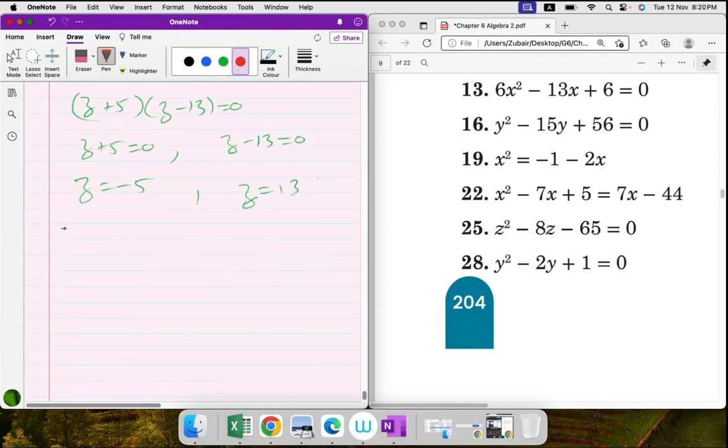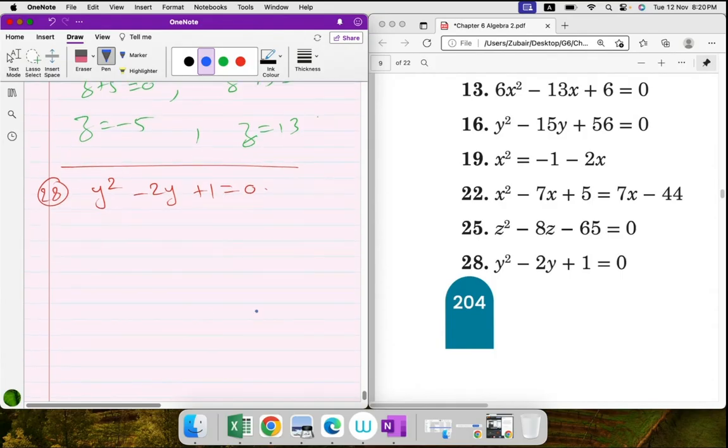Try the last one, then we'll move on to the next exercise. y square minus 2y plus 1 is equal to 0. We will take 2 and 1.